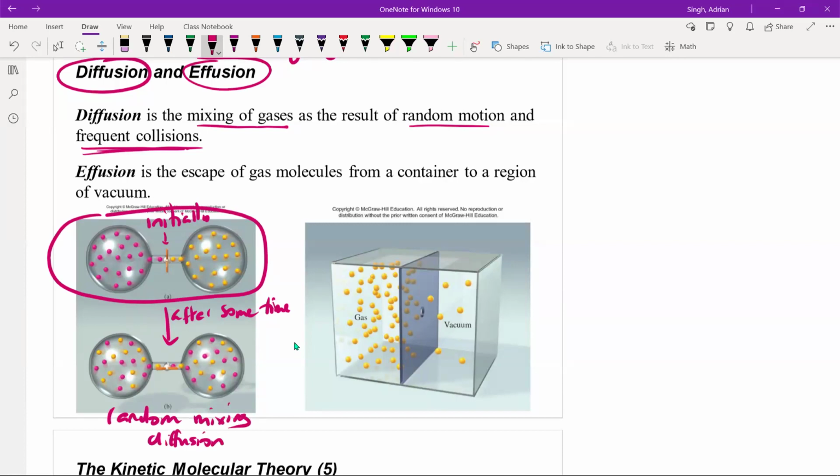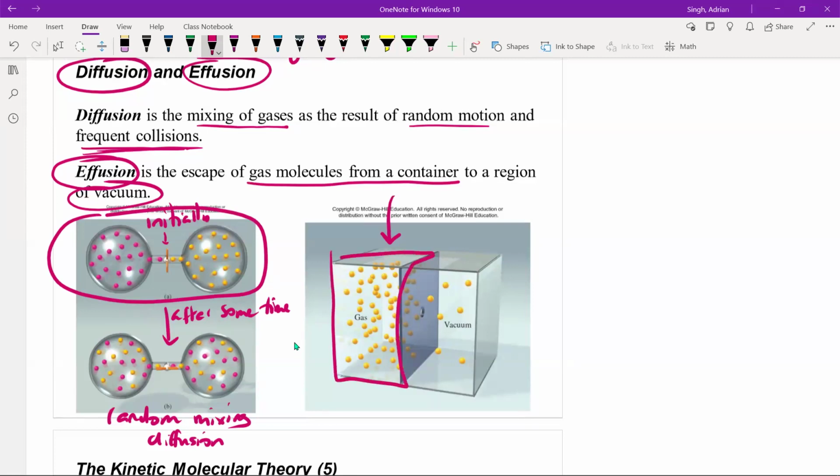Effusion, on the other hand, is simply the escape of gas molecules from a hole, from an opening, from a container into a vacuum or a region. For example, originally, in the diagram on the right, we have our gas in the left section of our box.